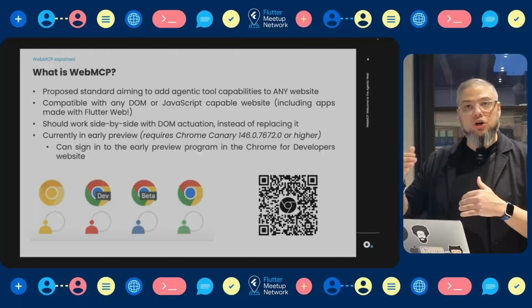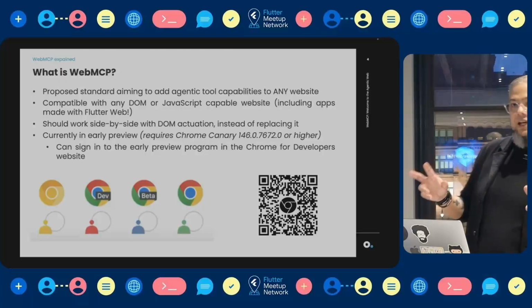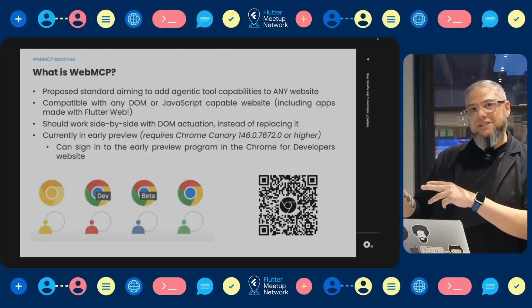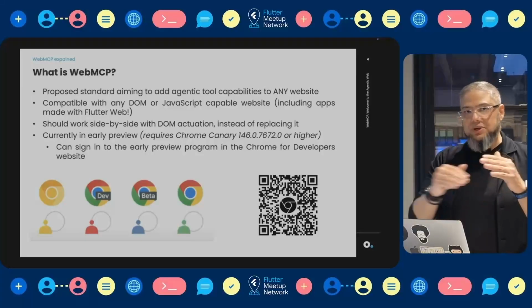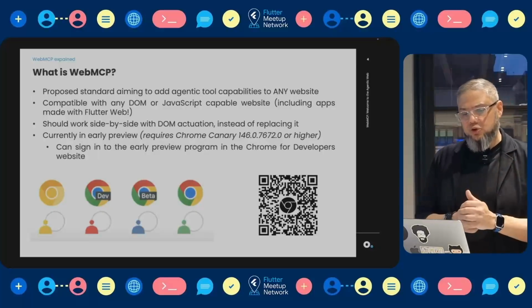It should work side by side with what we call DOM actuation, which means that the actions performed through WebMCP should not disrupt in any way the way that the DOM is constructed. That's also a requirement.